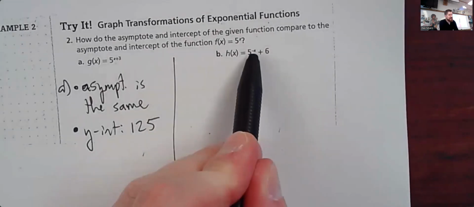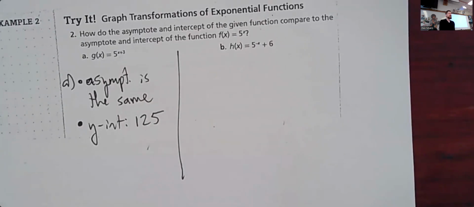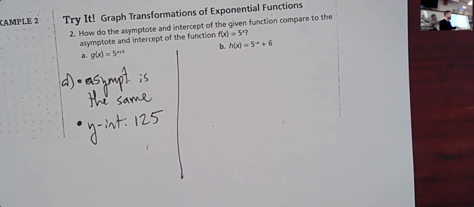What do you think a negative exponent of x is going to do? Which way? The y-axis, yeah, it's going to do this. So it'll be going up like this, flipping it around.